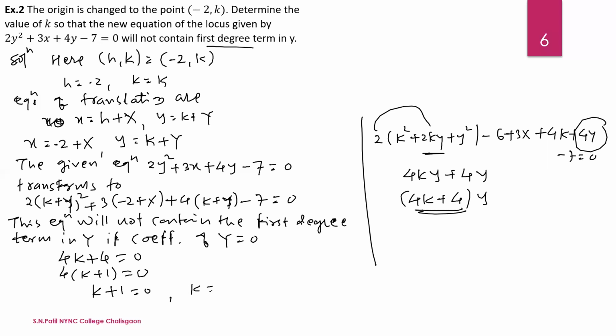That is k is equal to minus 1. Okay, so for k is equal to minus 1, we get the new locus.